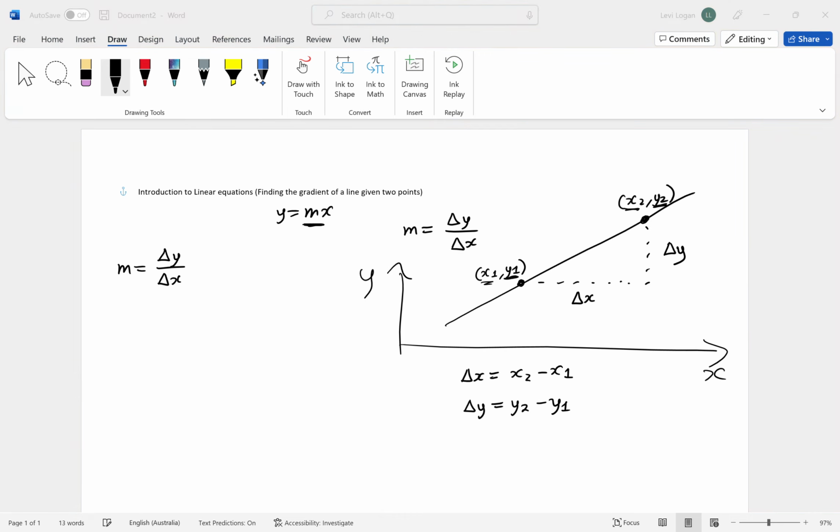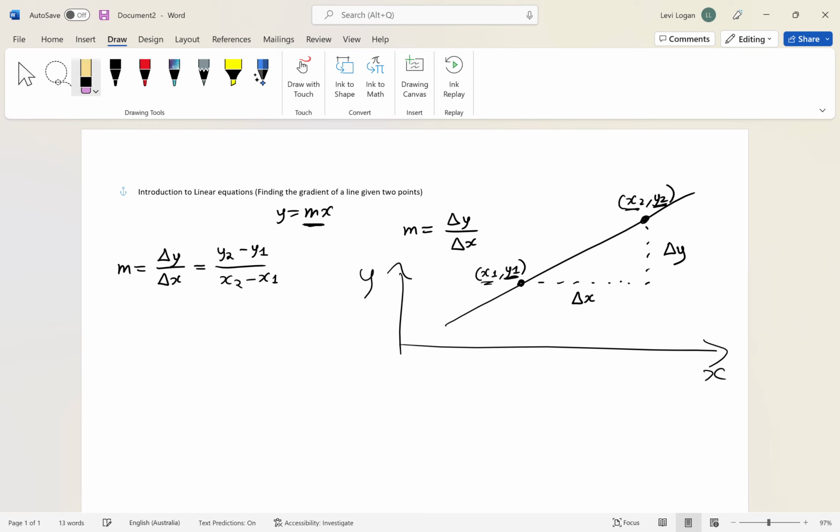So our gradient is going to be equal to y2 minus y1 divided by x2 minus x1. And that is the formula for finding the gradient of a line given 2 points.